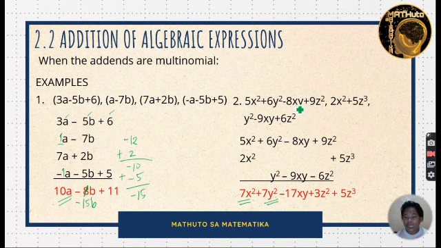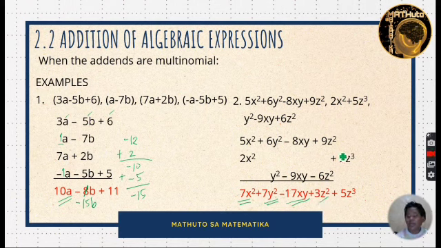Then the terms with xy, in the first and the last expressions. Negative 8 plus negative 9 is negative 17xy. The next terms, 9z squared minus 6z squared: subtract since they are unlike signs, and the sum is positive 3.